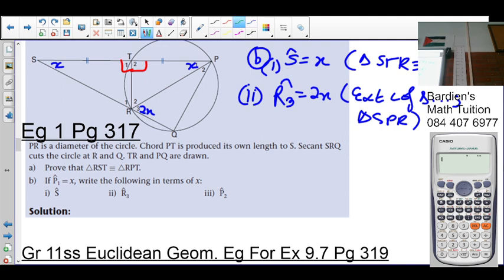But P2 is within this triangle here, not so. And I already highlighted that Q is going to be 90 degrees. Can you see that? Angle Q is 90. So we now say, firstly, that angle Q is equal to 90 degrees. Why? Angle in semicircle.